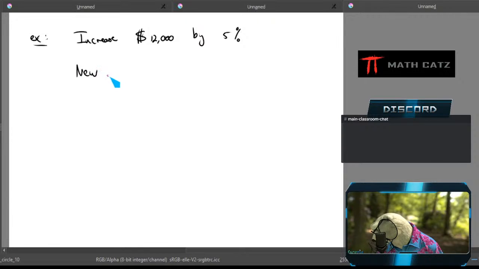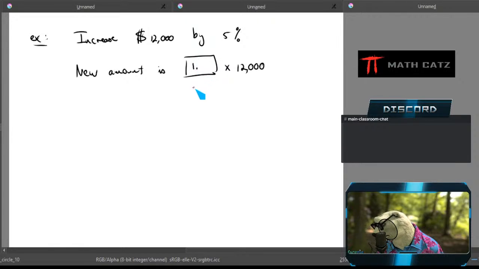Then my new amount is the decimal version, the decimal number I have to construct, of course, applied to 12,000. What is this decimal number? It's 1 point something, because I'm going to go up from my base 12,000. On top of that, I get 5%. What is the decimal version of 5%? 0.05.